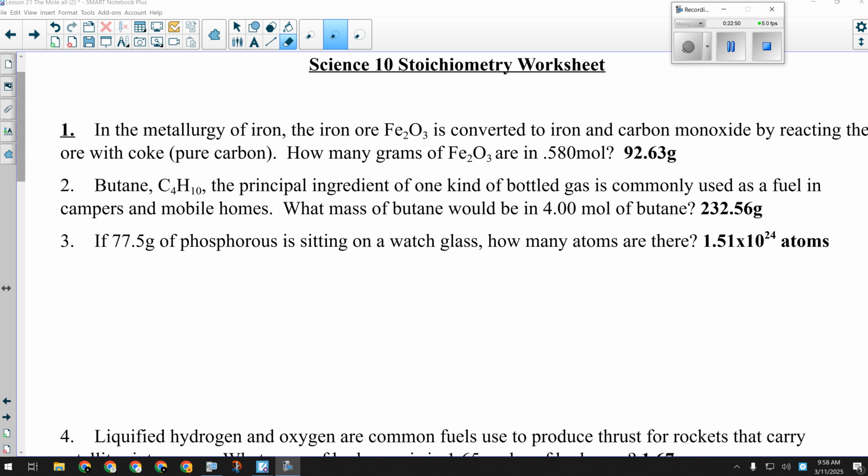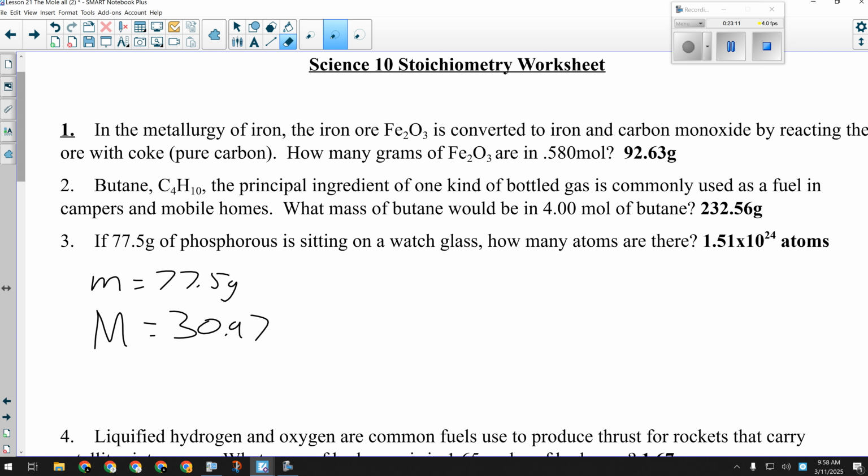So we're just dealing with phosphorus, which is not a compound, it's just an element. So I know I have 77.5 grams of that, and I know that the molar mass of phosphorus is 30.97. I don't have to do anything special with that.